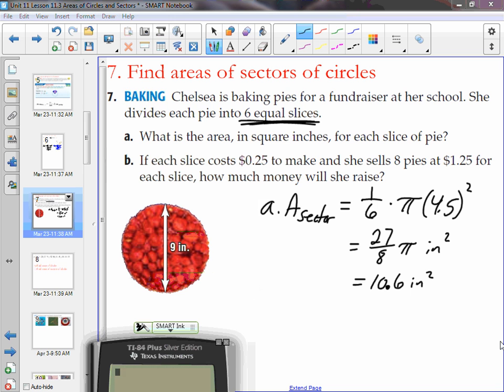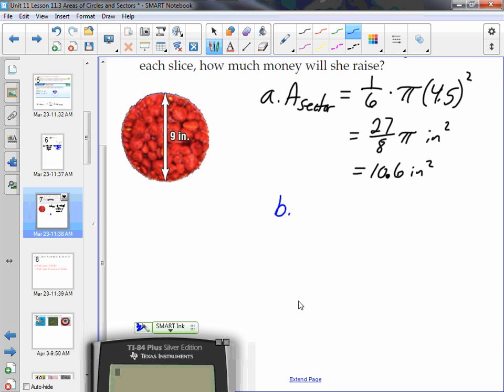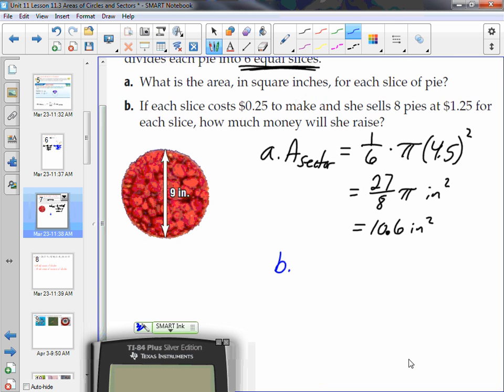All right, part B. If each slice costs 25 cents to make, and she sells 8 pies at $1.25 for each slice, how much money will she raise? Okay, let's figure out what her costs are.